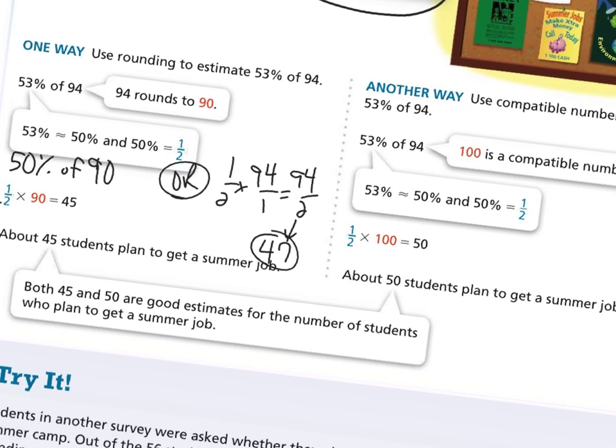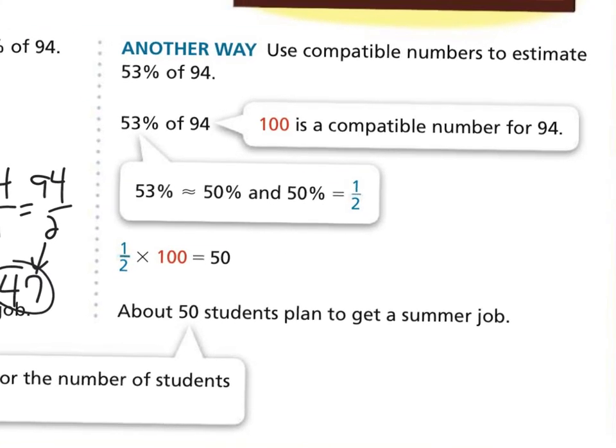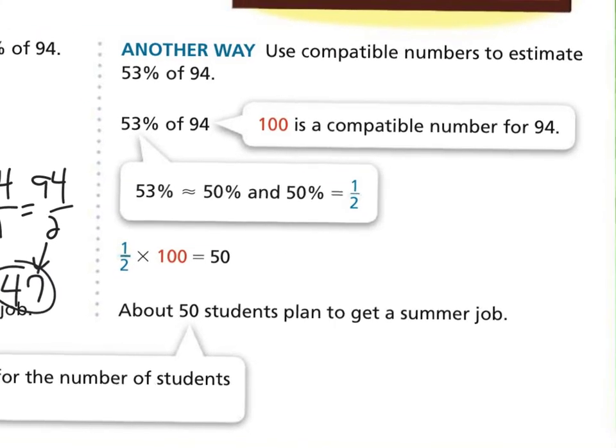But if you look at another way, they rounded the 94% to 100. This is not quite as good of an estimate because 94 is closer to 90 than it is to 100, okay? So that way they got 50. But actually, this is a little bit better estimate on this problem, and that seems strange maybe, but think about what we did.